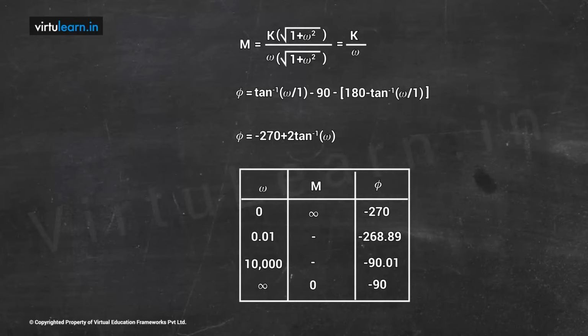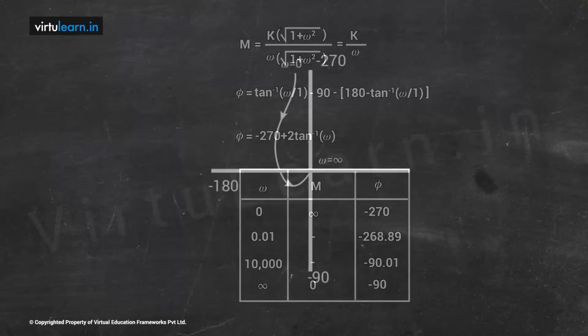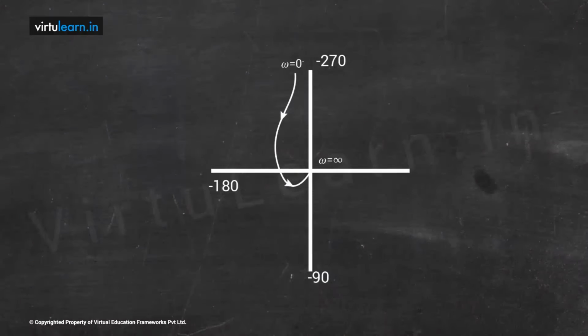So how to draw the plot? We take this axis, then this is the minus 270 line, the starting point is at infinity, and the ending point is 0, but it should touch the minus 90 degrees line. So my polar plot will be like this. It crosses the minus 180 degrees line. Now this is the mapping of path 1.